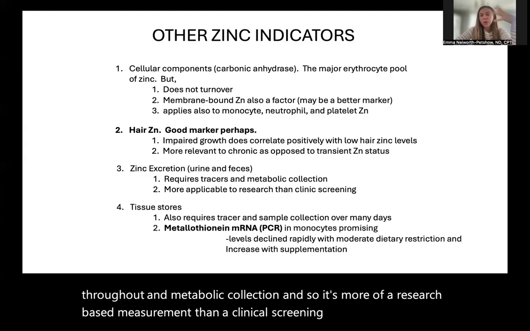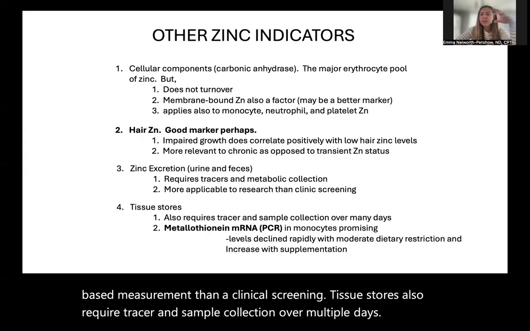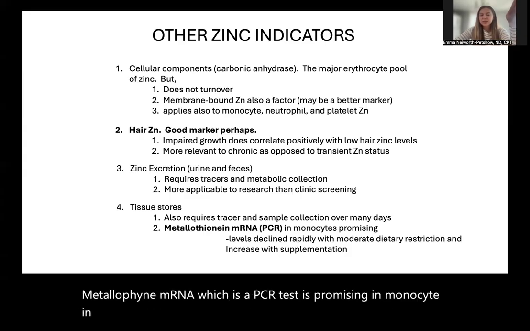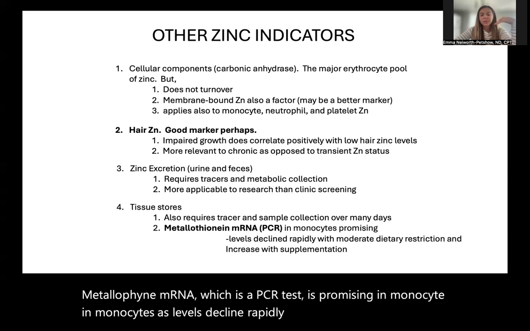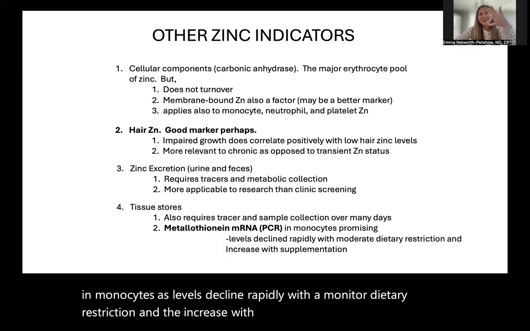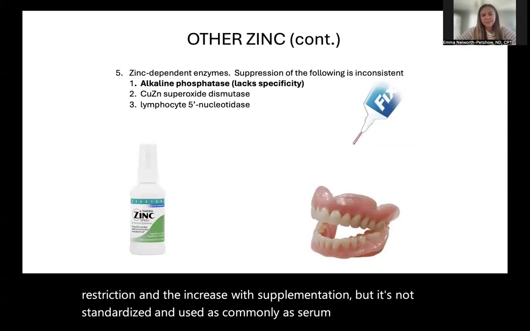Tissue stores also require tracer and sample collection over multiple days. Metallothionein mRNA, which is a PCR test, is promising in monocytes as levels decline rapidly with a moderate dietary restriction and they increase with supplementation, but it's not standardized and used as commonly as serum zinc at this time.